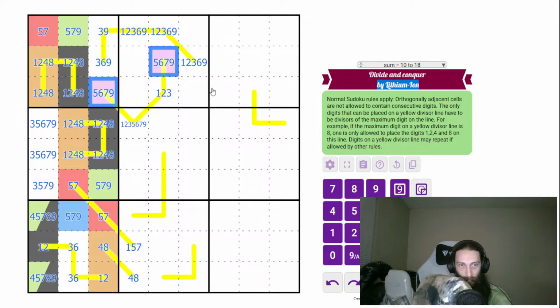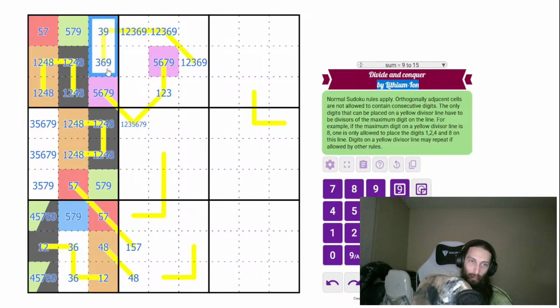Pair of 6s. So if this is a 6, then this is a 9.